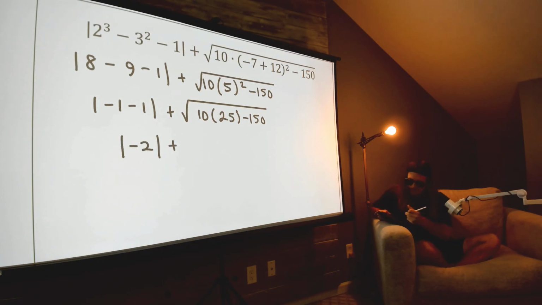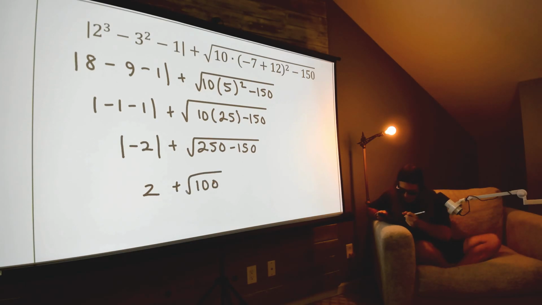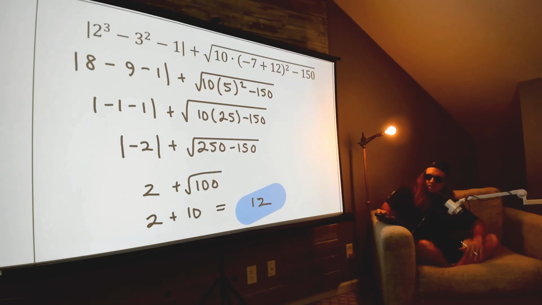Plus, we can go 10 times 25 is 250. The absolute value of negative 2 is 2. And 250 minus 150 is 100. Look at that. Square root of 100 is 10. 2 plus 10 is 12. Answer here is 12.